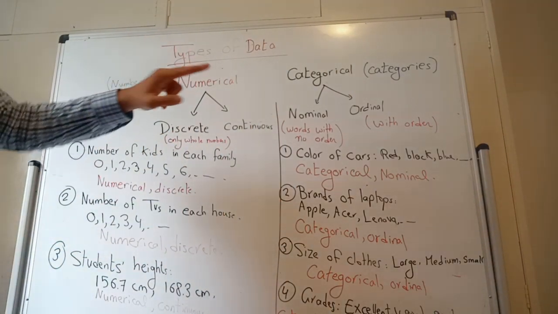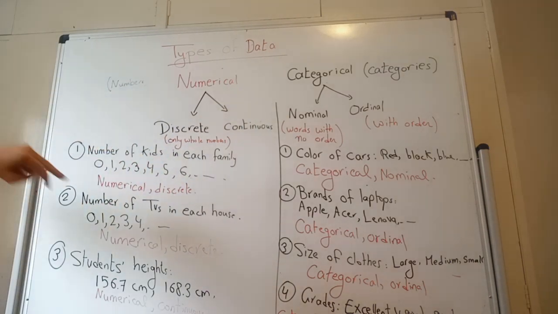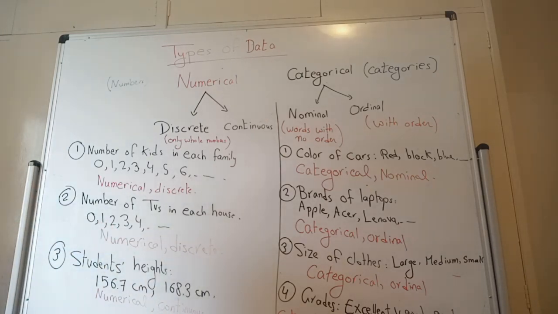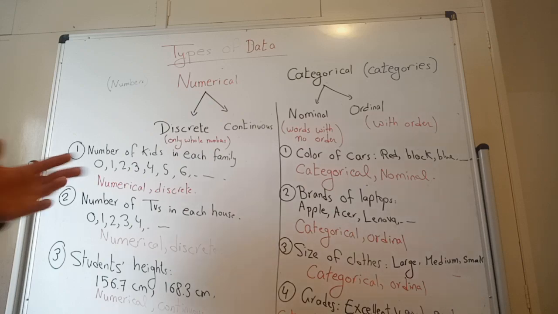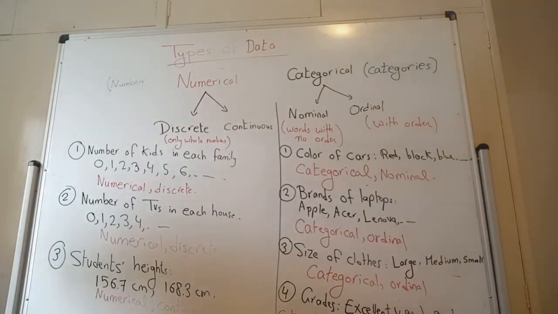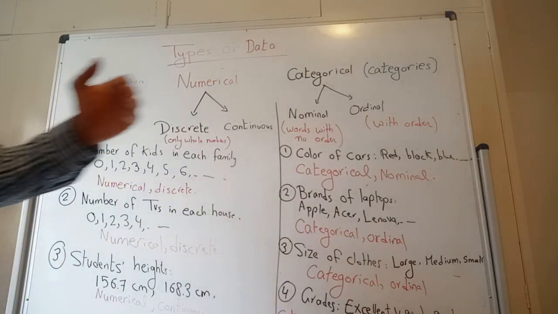Mainly you have two types: numerical, when you have numbers like number of kids in each family, number of TVs in each house, students' heights, or students' weights, and so on. All these are numerical, but they can be also classified into two types: discrete and continuous. Discrete, when you just have whole numbers like 0, 1, 2, 3, 4, 5, 6, 7, 8, and so on.